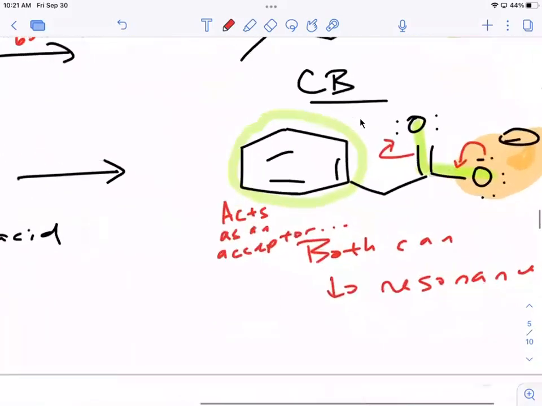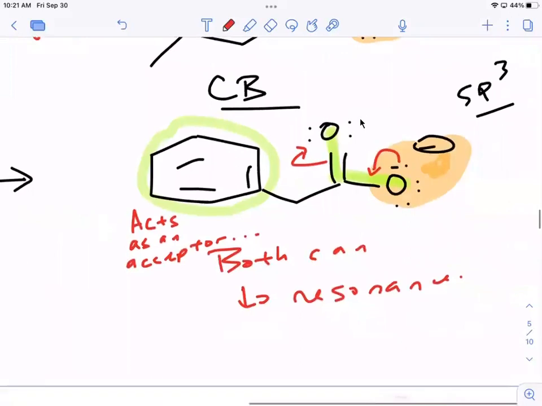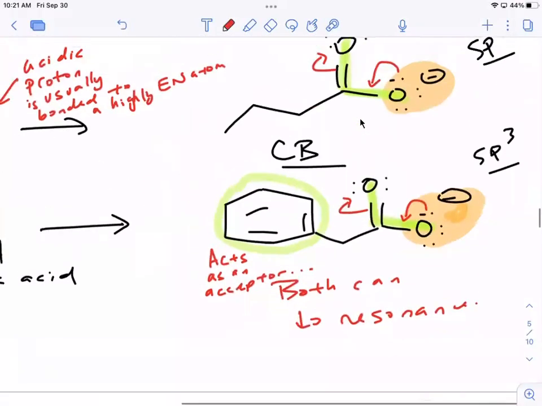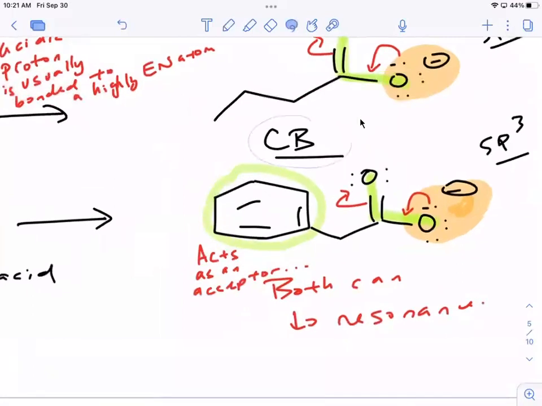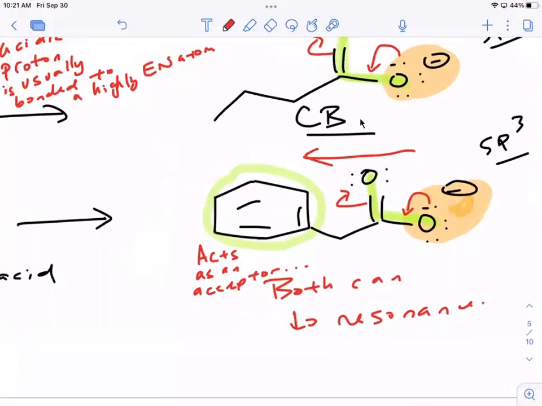So in this case, the charge on oxygen for phenylacetic acid is stabilized through both resonance and induction because the ring is acting as an acceptor. It might not be a really strong dipole, but there's a bit of a dipole going towards that ring. So induction is also a way to delocalize electrons.